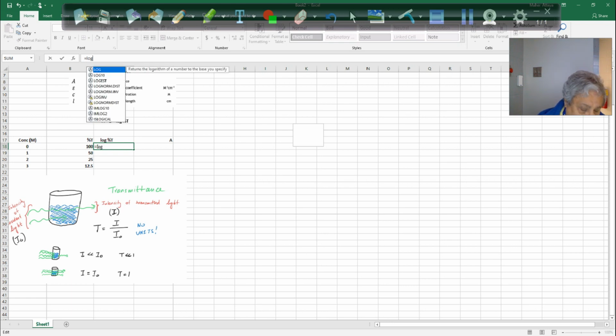You can do it without parentheses, yeah. Log B18, capital B, but it will take it. Sometimes it will take it without, sometimes you have to put them. I like to put parentheses because that avoids problems if I have another operation.